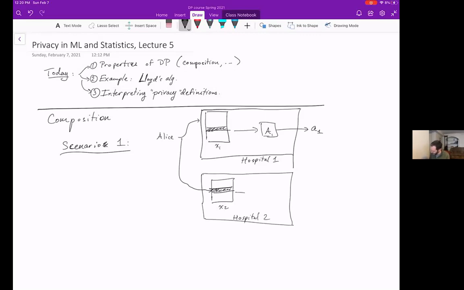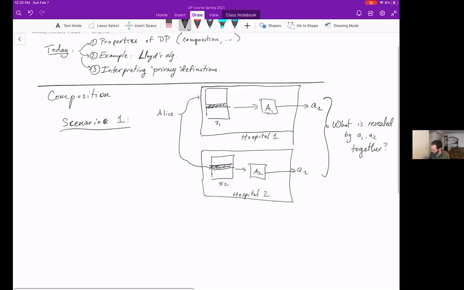But in any case, Hospital 2 will also go and publish information, A2. And the question is, what is revealed by these two things together? So that's our first scenario.